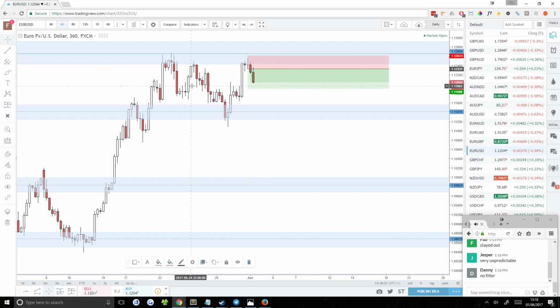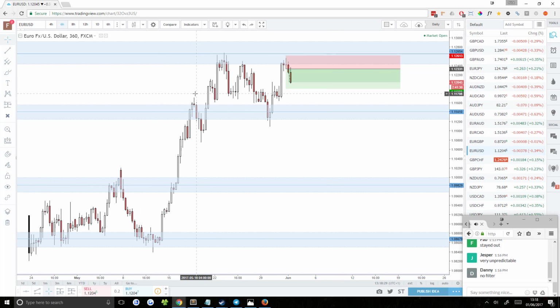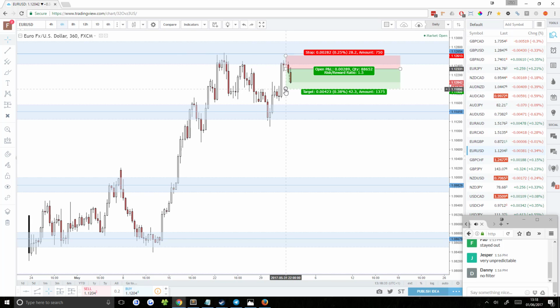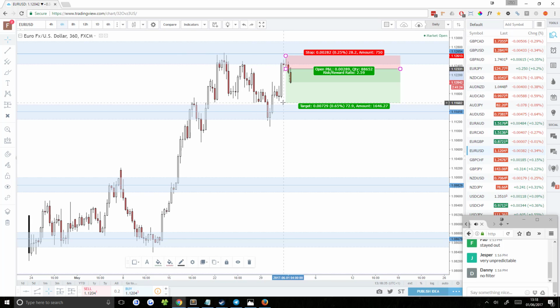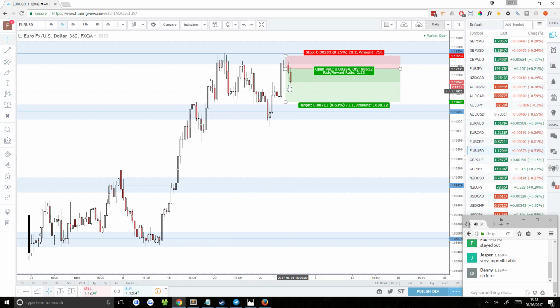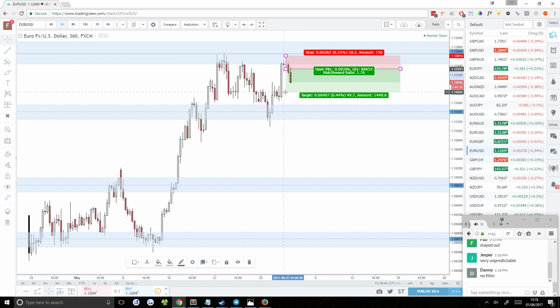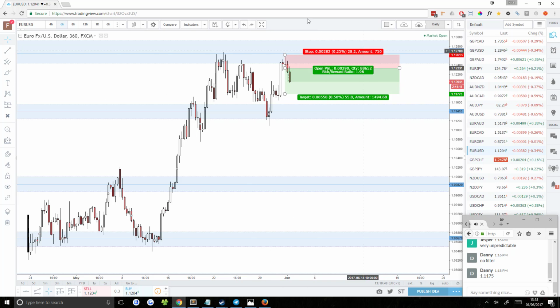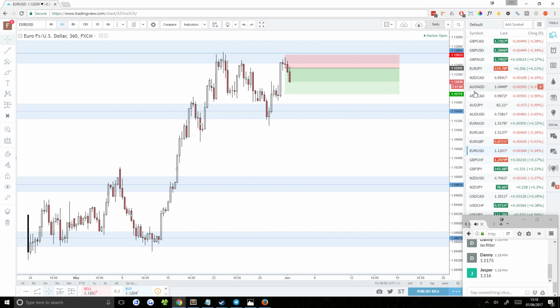If you're going for a 1.5, you're almost at target already. If you're going for a 2, and it's down here, it's closing in on a 2 also. So yeah, I mean, this Euro USD trade looks pretty decent, guys.